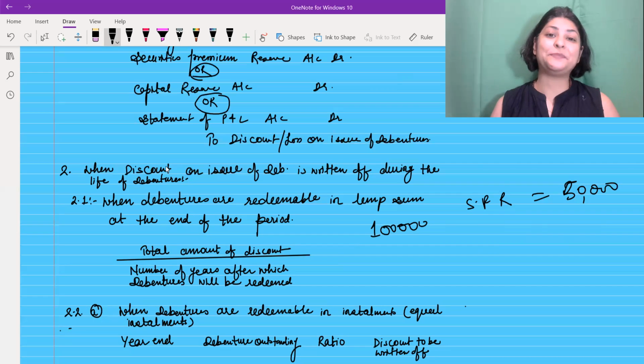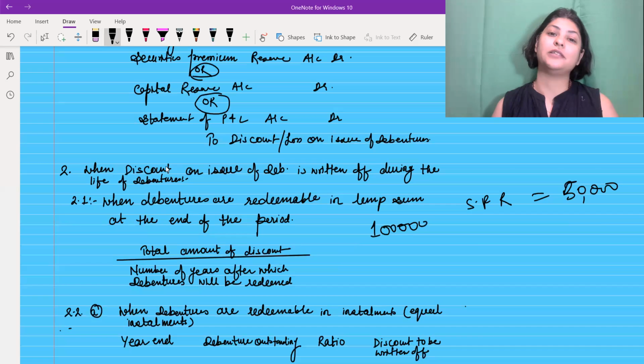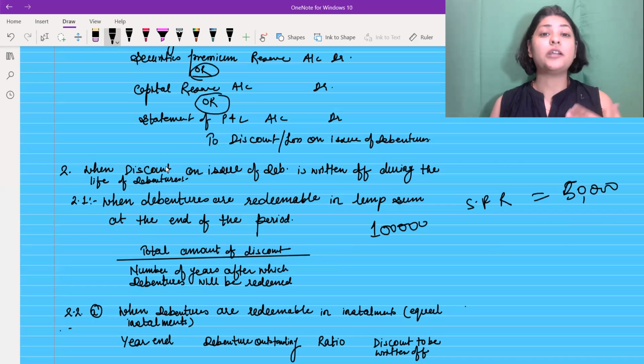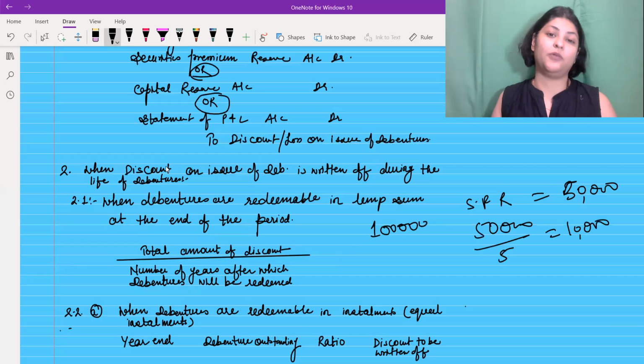So why should we spread it over 5 years? It is anyway such a wallet which cannot be touched on a regular basis. There are only specific cases where this amount can be utilized. So we are not going to utilize this balance in 5 years. We will write off all 50,000 in the year of issue itself. For the remaining 50,000 rupees, for which you are actually using statement of profit and loss, you are going to spread it over 5 years, and each year 10,000 rupees you are going to write off.